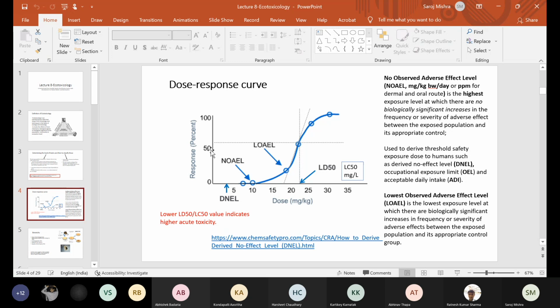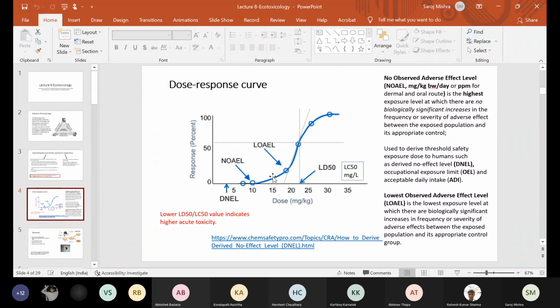That is, what is the probability that if I give 22.5 milligram of that toxin per kilogram body weight, if a population is exposed, because remember, you are talking about ecosystems here. You're not talking about individuals here. Okay, so what percentage of that population is going to respond? And that is what you plot on the y-axis.